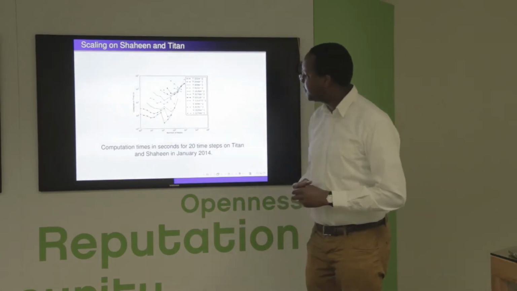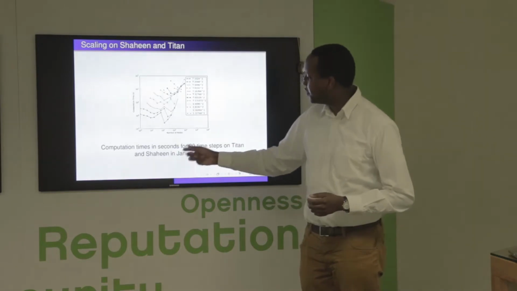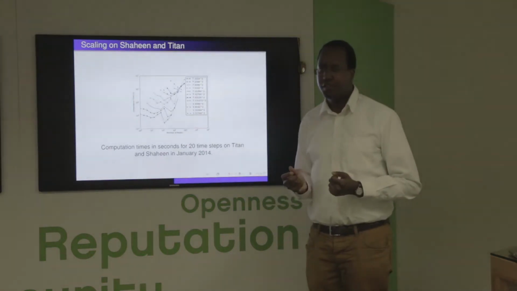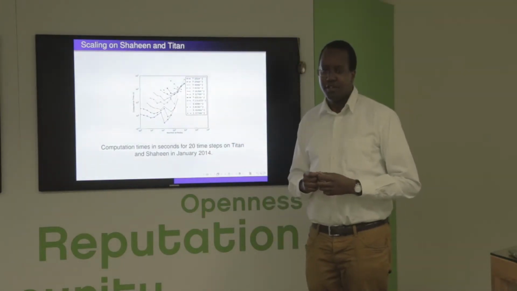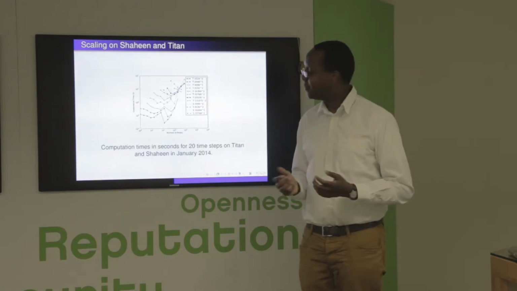I ran some similar comparisons slightly later. This time on Shaheen, which is an IBM Blue Gene machine, so this has no accelerators. Completely different architecture. Shaheen is made to be very power efficient, so it uses lots and lots of cores, but they're not so fast, similar to how GPU cores are not so fast, so that it can be energy efficient.